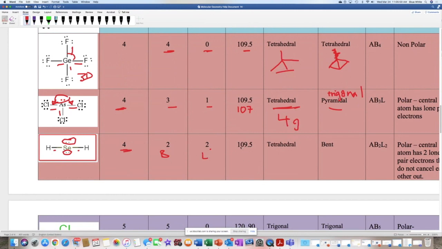And then our bond angle here, I'm showing you the perfect bond angle, but because you have 2 lone pairs pushing against these bonds, actually what ends up happening is the lone pairs end up on the same side. And then both of them are pushing on the bonds that are there.